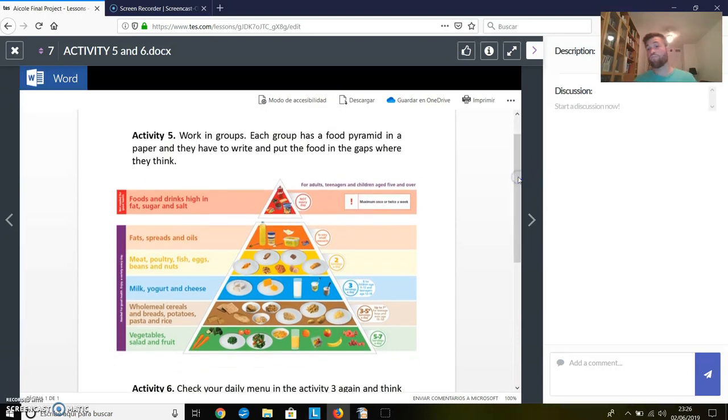In activity 5, they work in groups. To each group, I give a food pyramid, but empty, and they have to think about the words that we have seen in the other activities, and when they finish, they have to put the food where they think it goes. Then I say the answer and explain the frequency to eat each food depending on your lifestyle or your training.